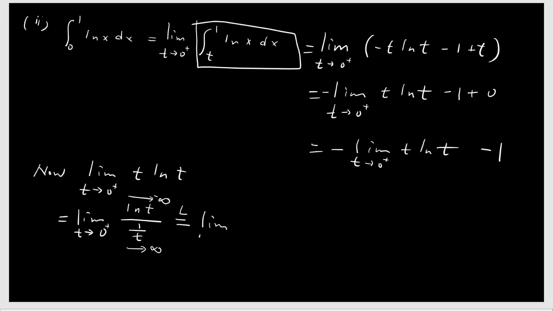And then you differentiate the numerator, differentiate the denominator, respectively. Okay. Differentiate the numerator, you have 1 over t. The derivative of natural log of t is 1 over t, right? Differentiate the denominator, you have -1 over t squared. I told you to memorize the derivative of 1 over t before, right?